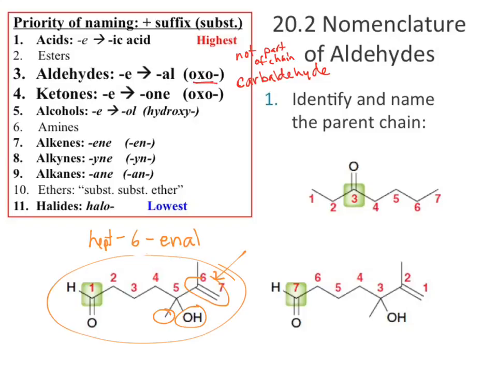So hept-6-enal. And then we also have the alcohol and the methyl group. How do we name our alcohol? 5-hydroxy. If we go back up to the substituent things, remember, that little red table is actually pretty helpful. And this one becomes 5-methyl.